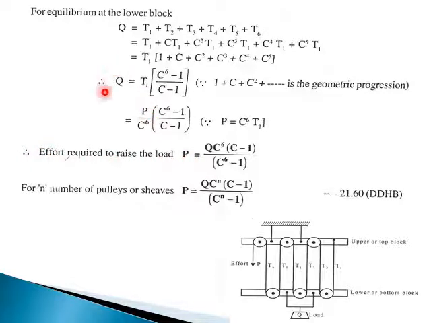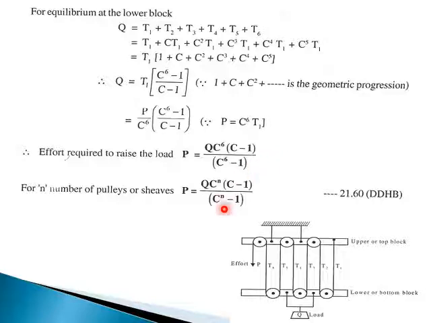You can rewrite this equation of Q in terms of P. So what you get is P is equal to Q into C to the power 6 into C minus 1 in the numerator, and in the denominator C to the power 6 minus 1, as shown in the equation. So the equation to raise the load is P equal to Q into C to the power 6 into C minus 1 divided by C to the power 6 minus 1.